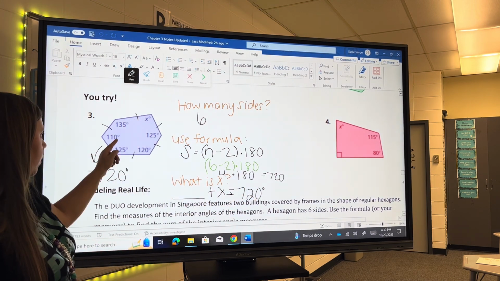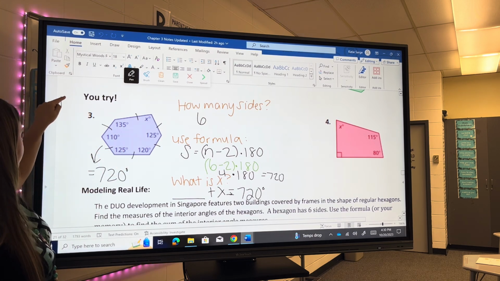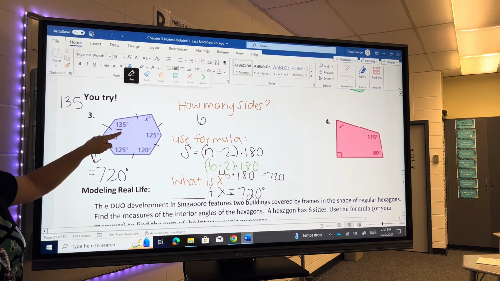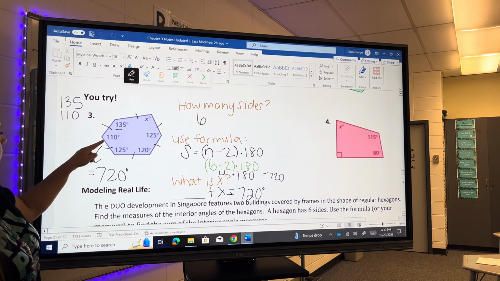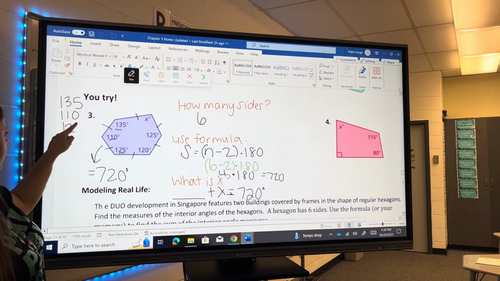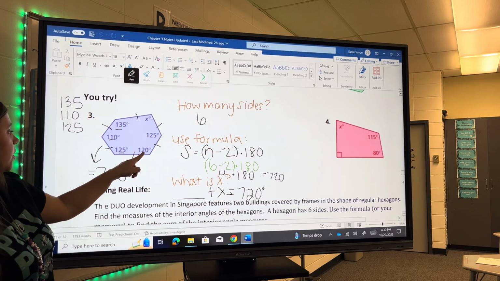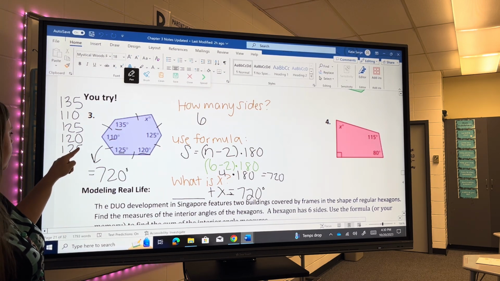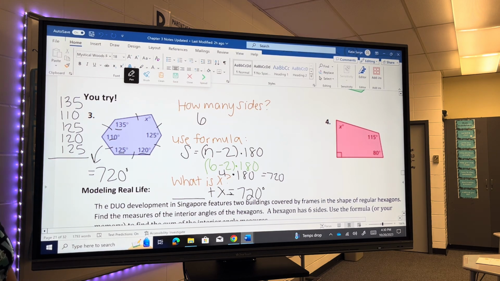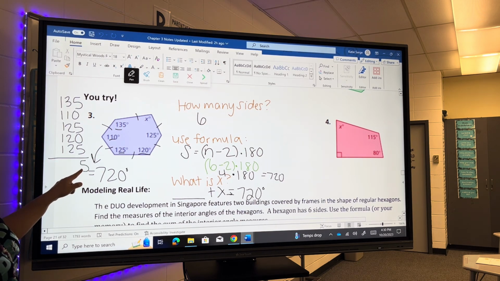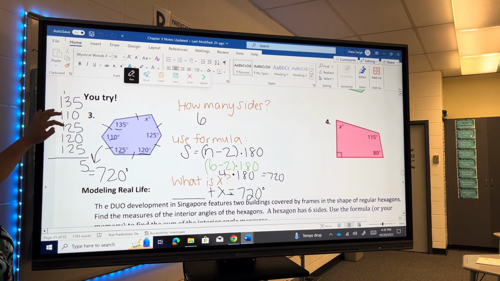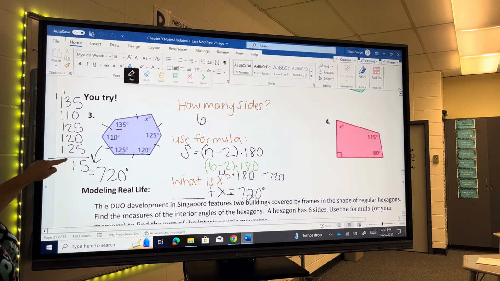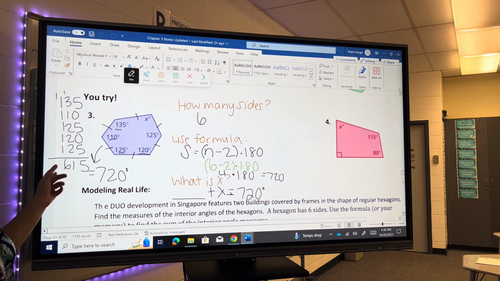Okay, so let's figure out what we have so far. 135 plus 110 plus 125 plus 120 plus 125 again is how much? 615. Okay, so now we can fill this in over here.